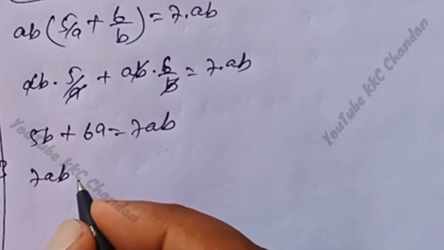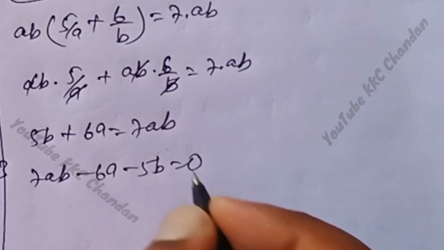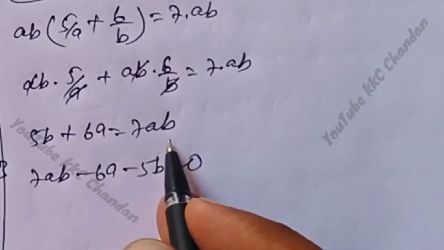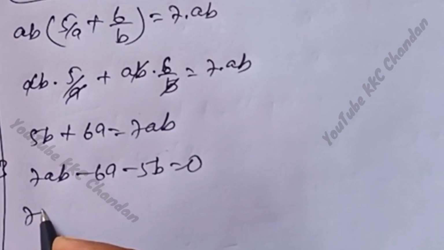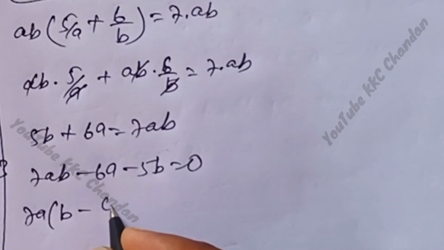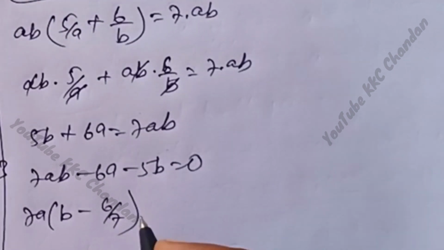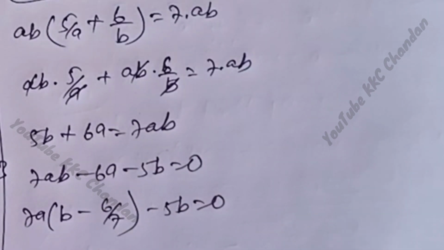After that, 7ab minus 6a minus 5b is equal to 0. This 7 comes to this side. Take 7a common: 7a bracket b minus 6 divided by 7 bracket close minus 5b is equal to 0.